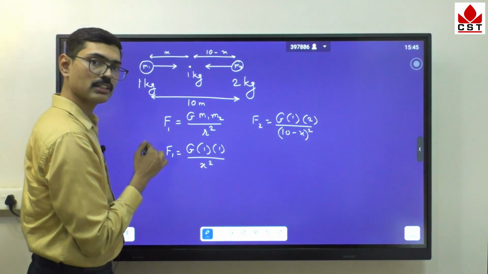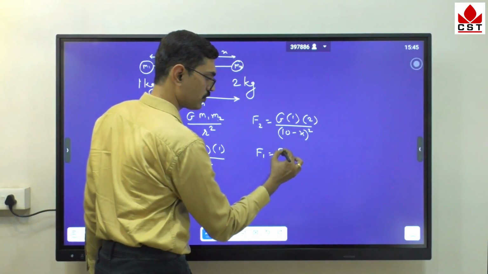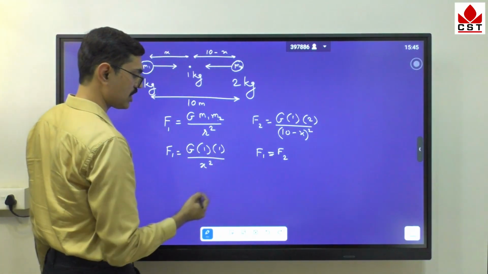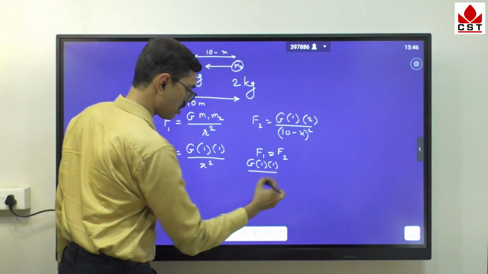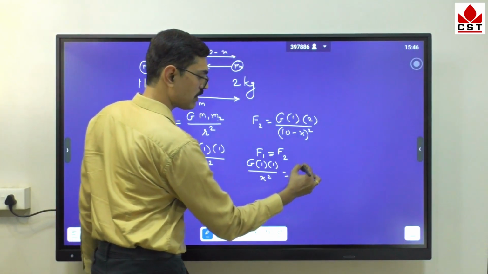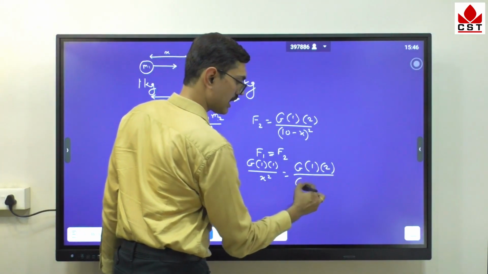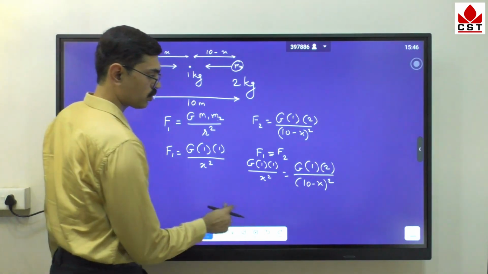If the force is in equilibrium, means F1 is equal to F2, forces are balancing, then we have to balance both equations. So G into 1 upon x square is equal to G into 2 upon (10 minus x) its square. So how to calculate?